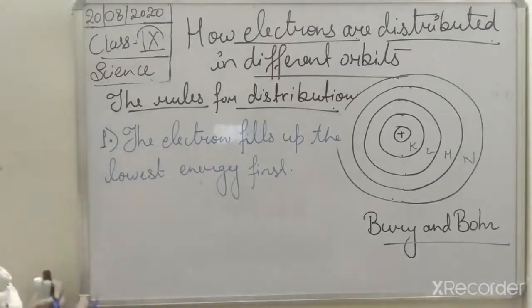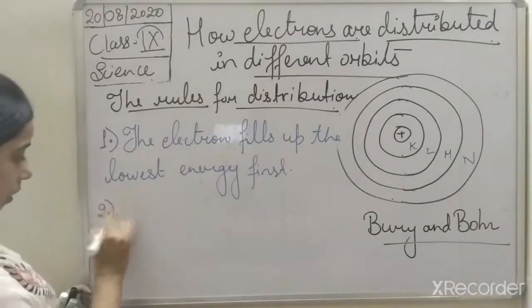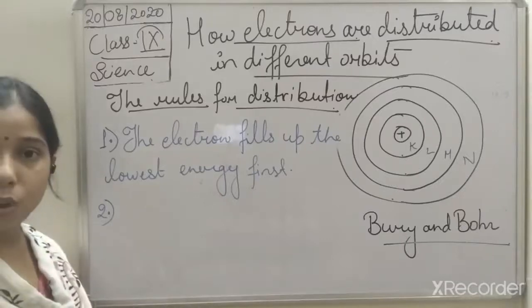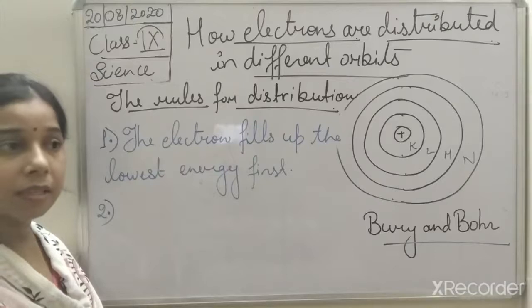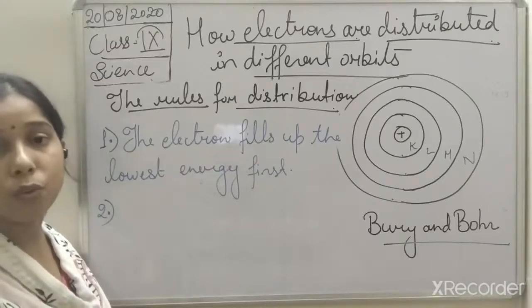The second rule is that the filling of the electrons must follow a formula, which is 2n square.